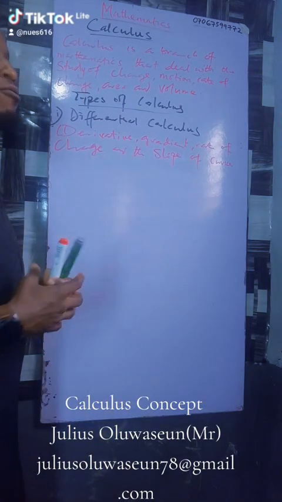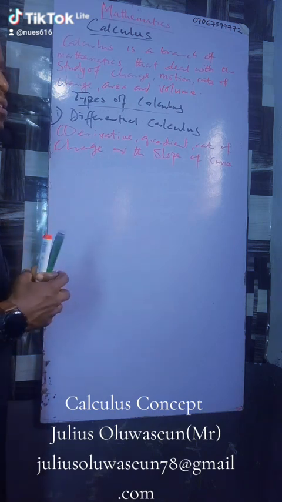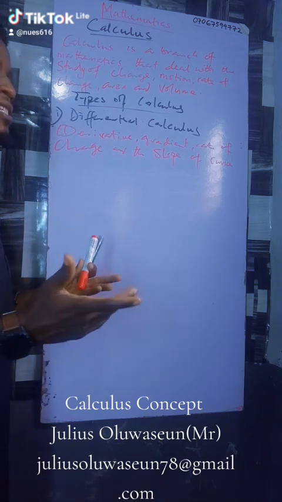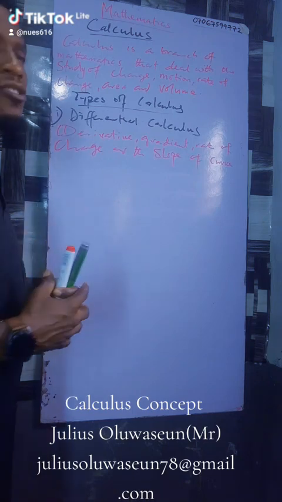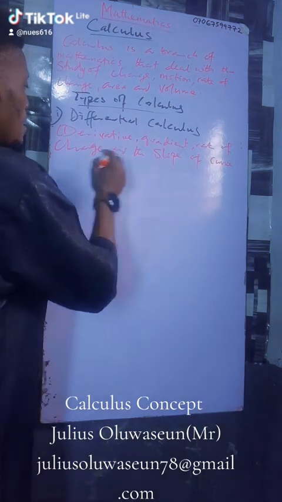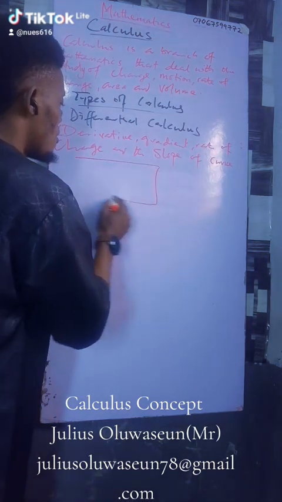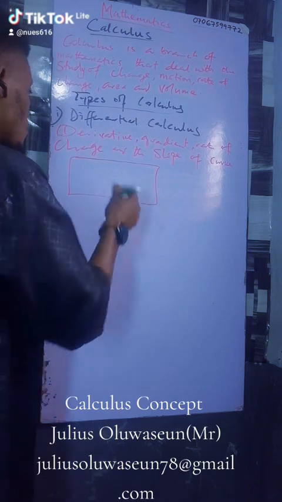We normally make use of differential calculus in different subjects, like physics, economics, and other engineering subjects. Is that taken? So this is our model, or template, of differential calculus.